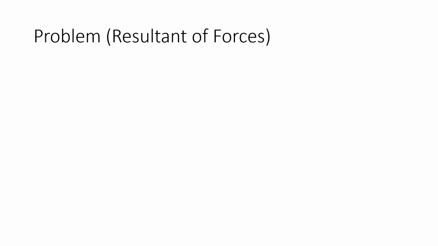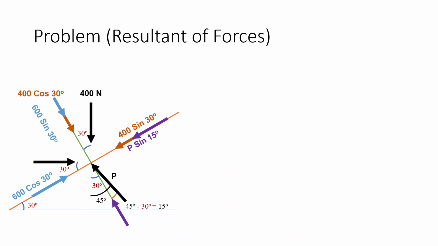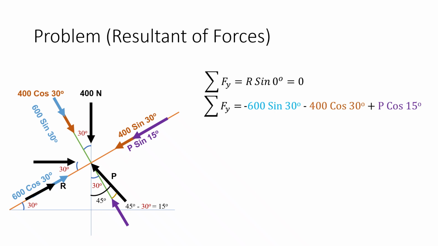Now, similarly, I need to do it for the y component. As we know that summation Fy is 0, all the components along the y direction, I am just summing up. So 600 sine 30 as well as 400 cos 30 are acting downwards to the reference axis, so those two components will be negative.